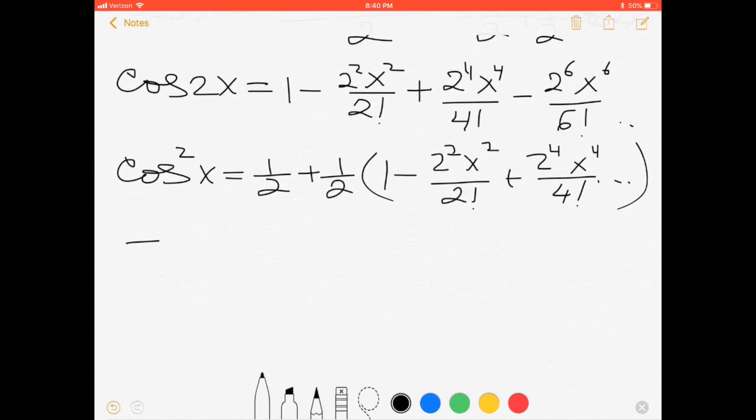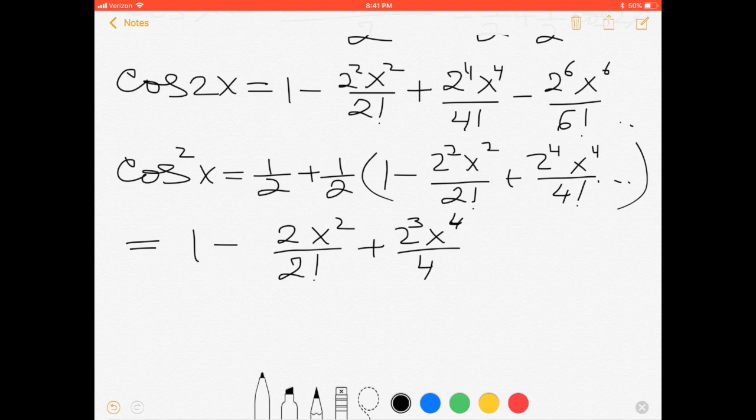Distribute and open. You have 1, then you have, okay, this will be minus 2x squared over 2 factorial plus 2 to the third degree x to the 4th over 4 factorial.